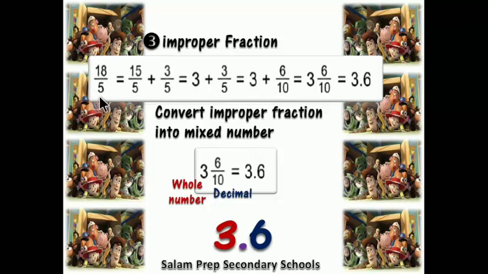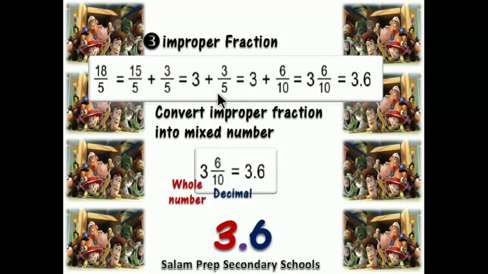We will convert the improper fraction into a mixed number. 18/5 equals 15/5 plus 3/5. 15/5, 15 divided by 5 equals 3, plus 3/5.